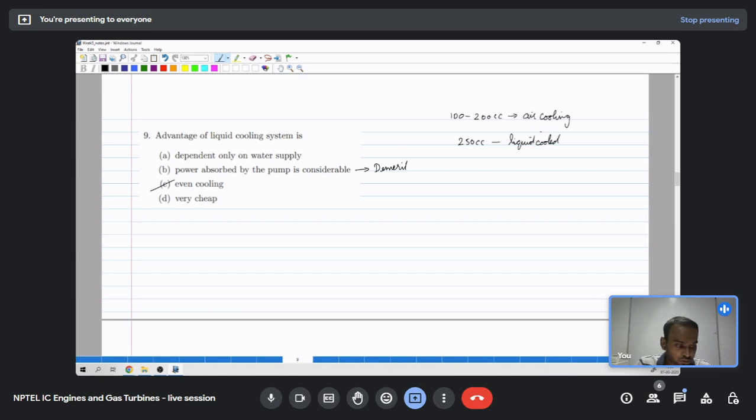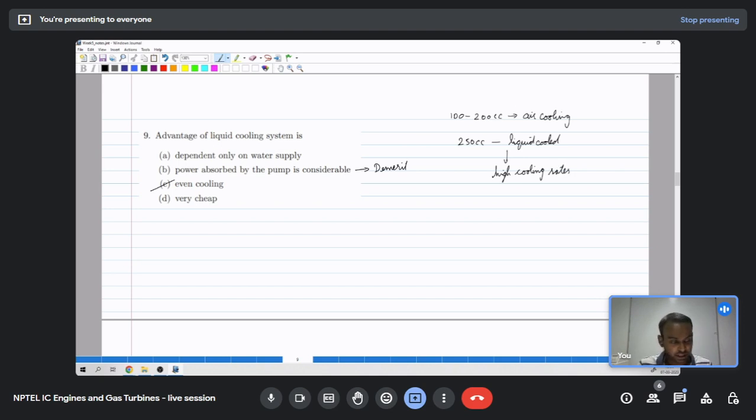Why they go for liquid cooling is to have high cooling capability. You can force more coolant into the engine, and you can transfer more heat from the coolant through the radiator to the air by increasing the fan flow rate in the radiator, and that's how you can achieve high cooling rates.